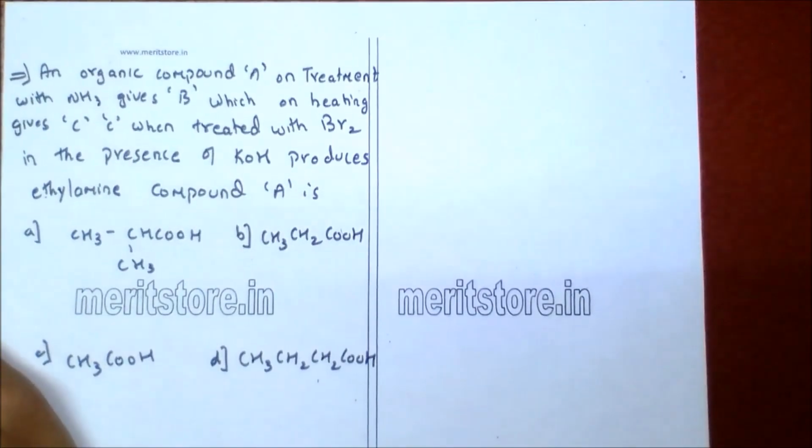An organic compound A on treatment with ammonia gives B, which on heating gives C. C when treated with bromine in presence of KOH produces ethylamine. Compound A is?